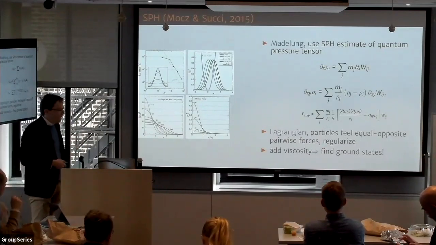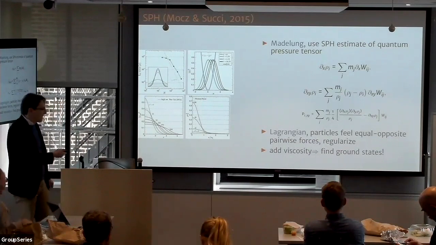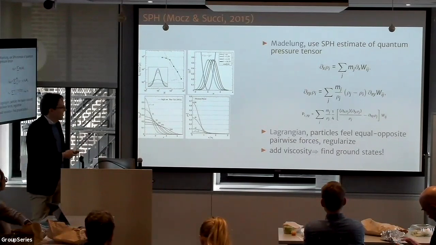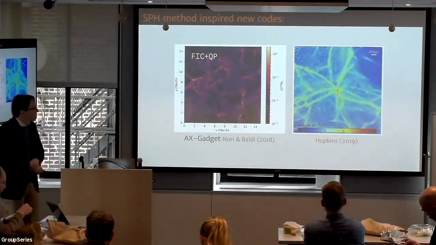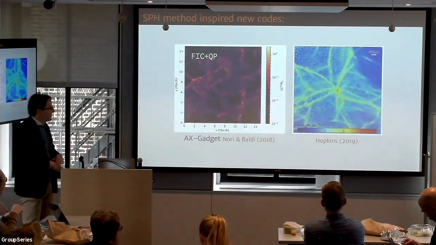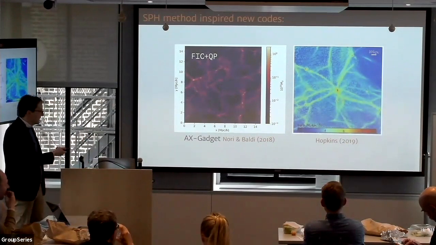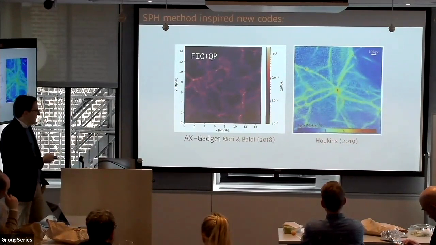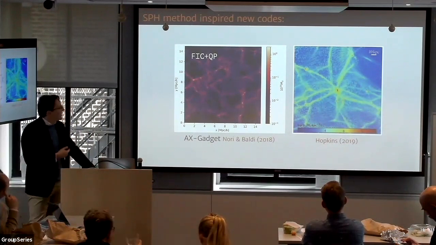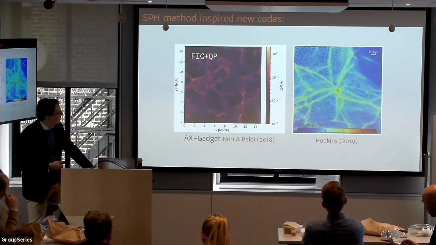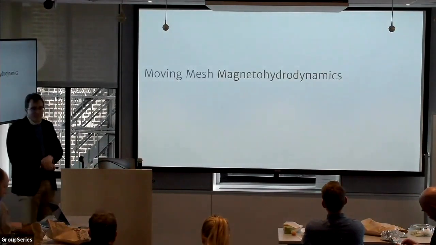That's an application of such a method. This particle-based method has been adopted by a few other groups, Phil Hopkins, also Nori and Baldi in Axion Gadget, and it's an alternative way someone can study fuzzy dark matter.